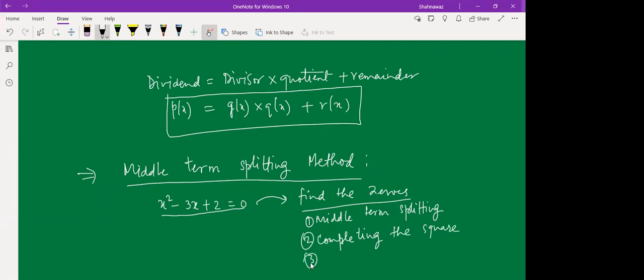And the third one is the discriminant. Right. So firstly, I will talk about the first method. The other two will be taught in the next chapter.